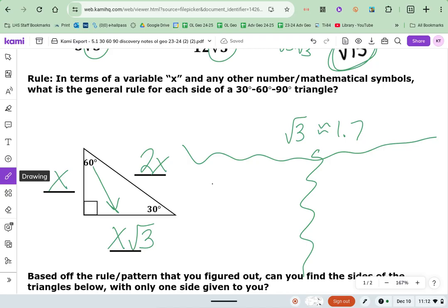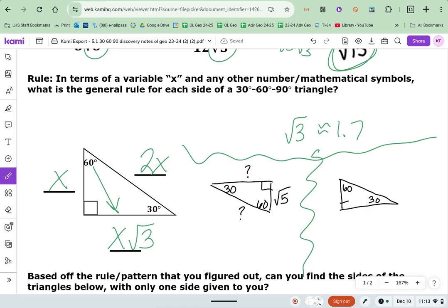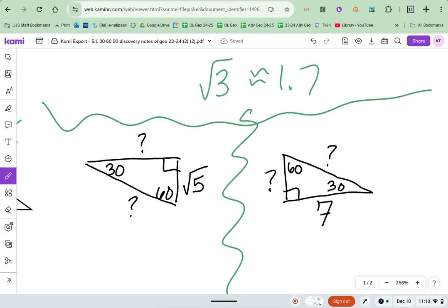Let's do... Okay, you guys try these 2 problems, and then we'll check them together, and then we'll move on to practice.